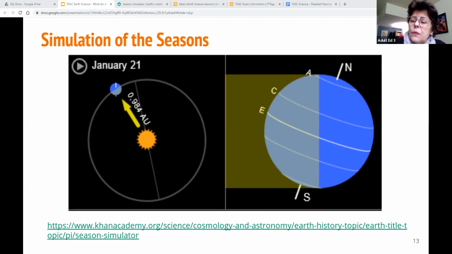So I try to find the general concept and keep hammering away at it, hoping they can hang on to it and apply it in a couple of different ways, and just keep circling back to it, as opposed to really delving into what this really means in terms of seasons and what the bigger implications are.